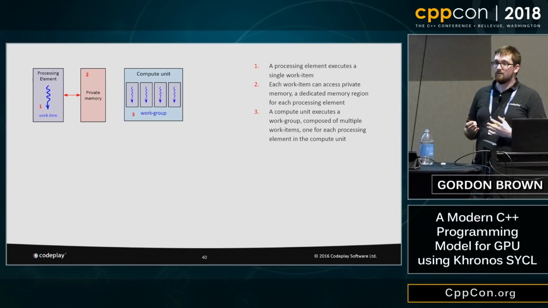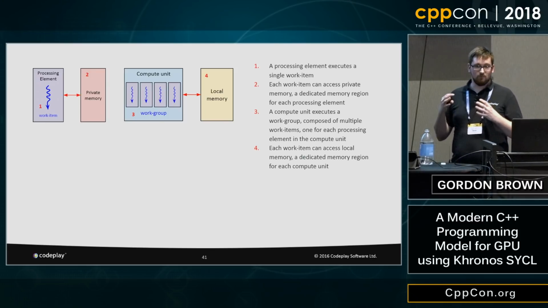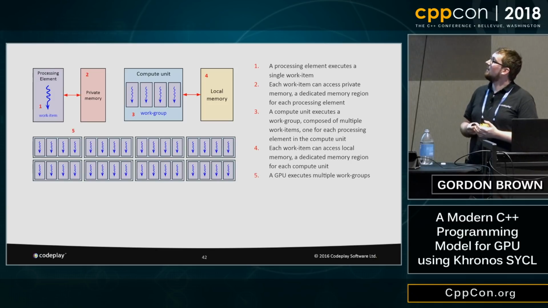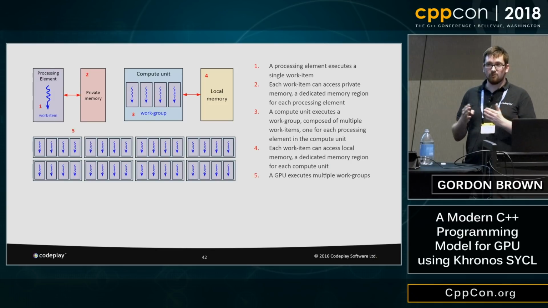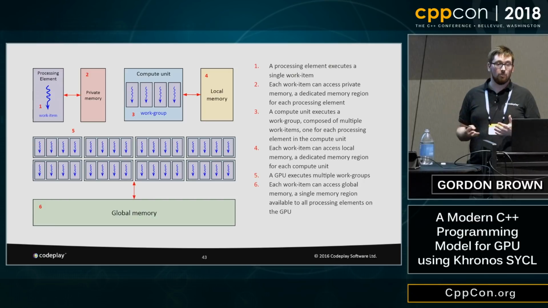All of the work items within a work group can access the local memory that is local to that work group, or that compute unit. And then finally, when you launch a kernel, you launch a large number of these compute units, and all the work items and all the work groups can access the global memory available to everyone.